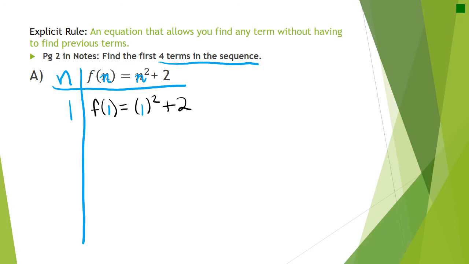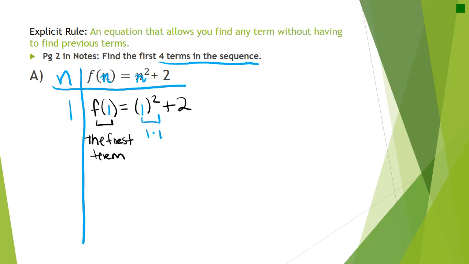Now, this right here is read as the first term. That's what it means. So the first term is going to equal 1 squared, and 1 squared is the same as 1 times 1.